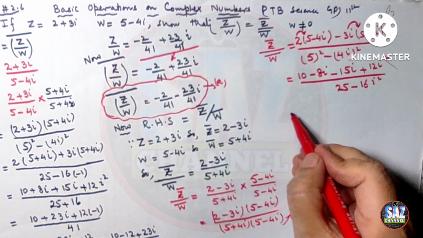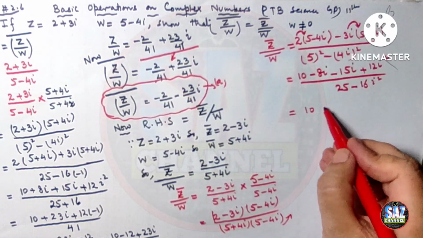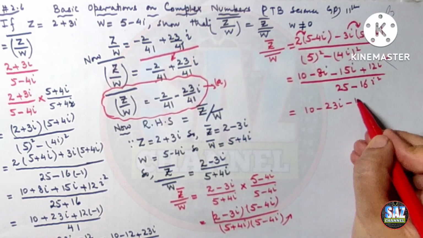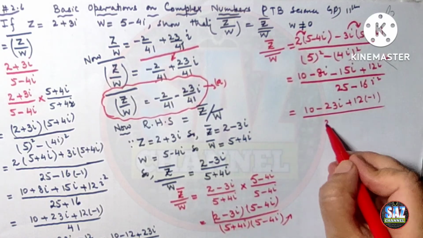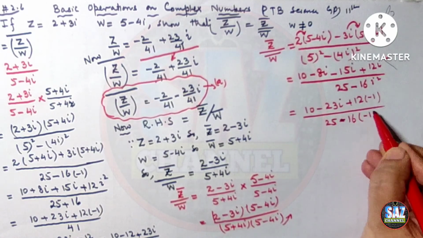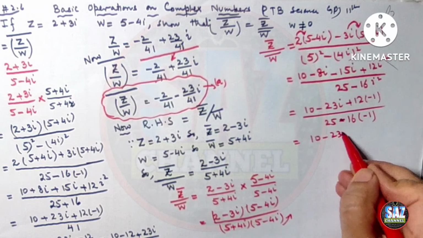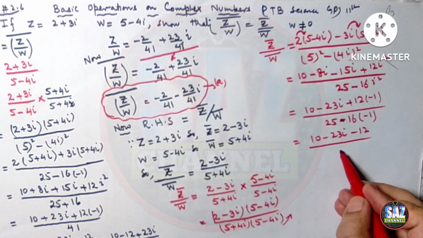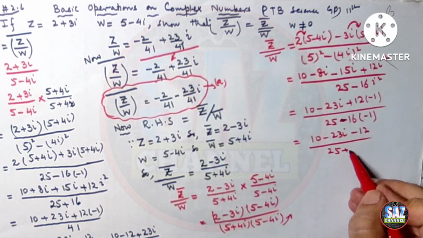Again, 10, 15 and 5 is 20, and 3 is 23 iota, and iota square is what? Minus 1. Upon 25 minus 16 into minus 1, and this will take the form 10 minus 23 iota minus 12 upon 25, minus multiplied by minus will become positive.